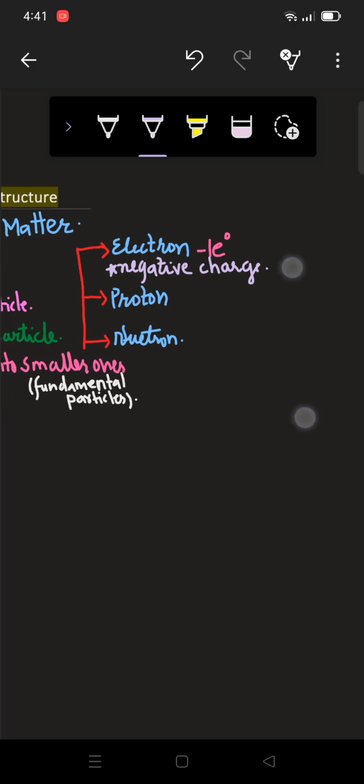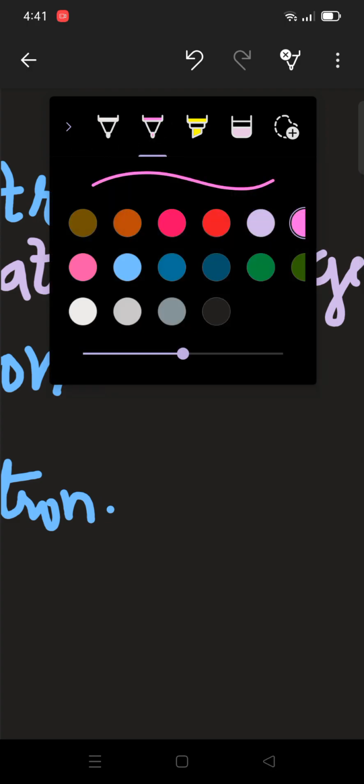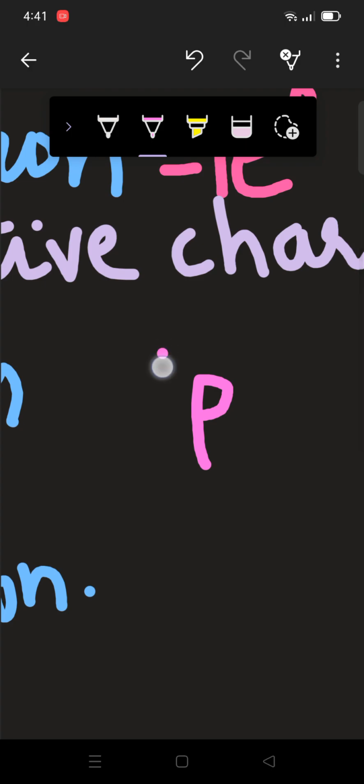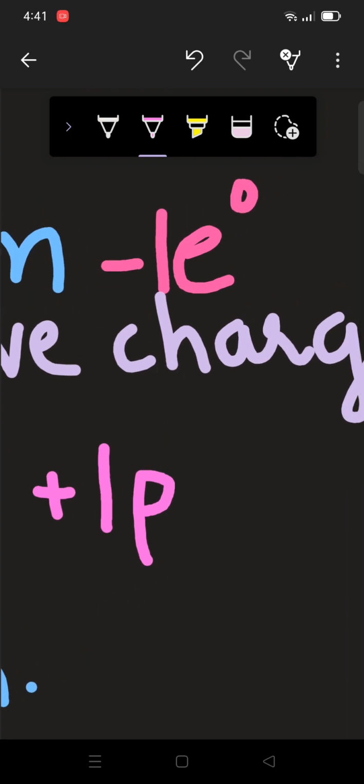Now let's see how to write this proton. Proton can be written as P, and since we have one proton, so 1, and it has positive sign. We know that proton has positive sign, so +1 P. With that, proton has a mass of 1, and it is a little bit more than electron.